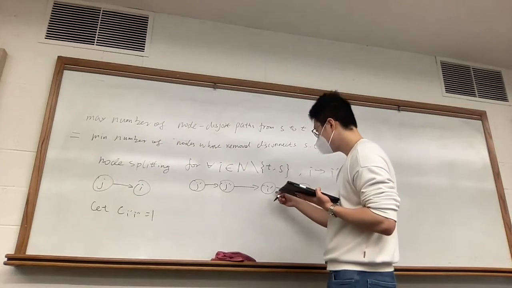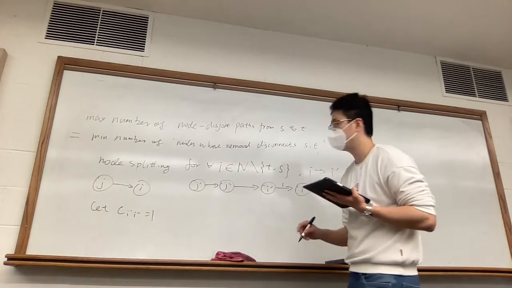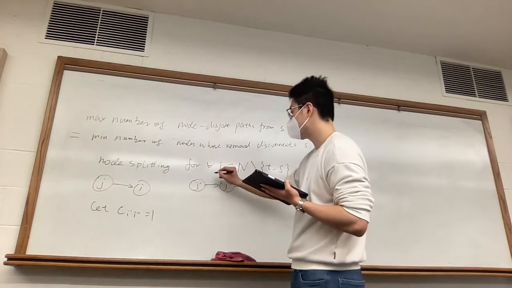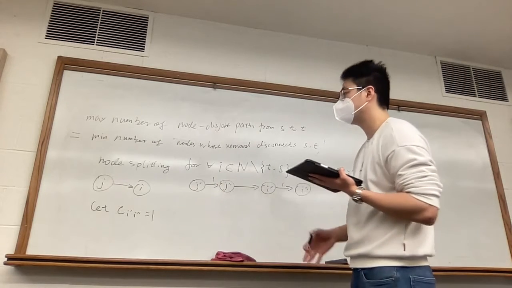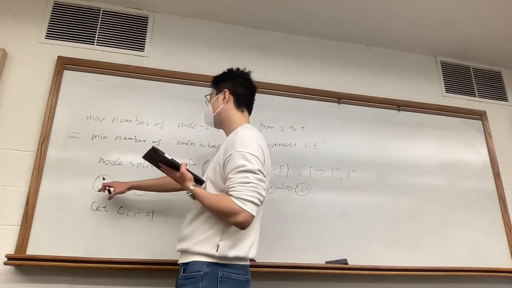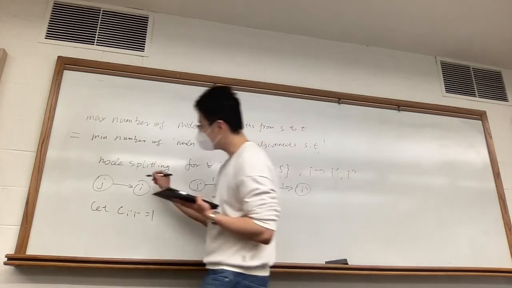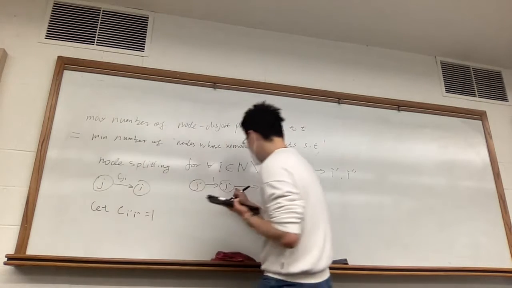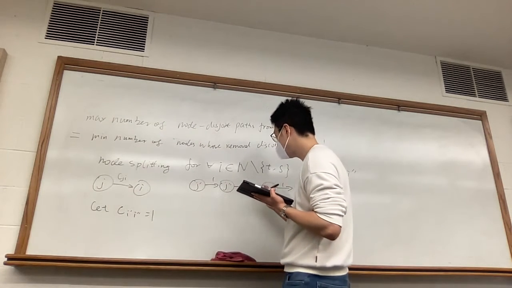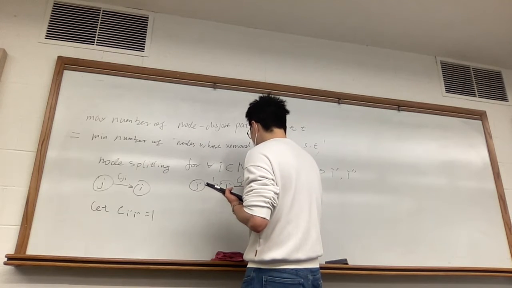So I prime to I double prime has capacity 1, and J prime to J double prime also has capacity 1. For the original arc JI in the network, suppose it has capacity C_JI. Then from J double prime to I prime, the capacity C of J double prime, I prime is just equal to C_JI.